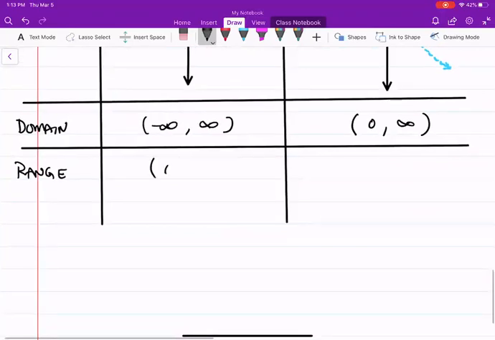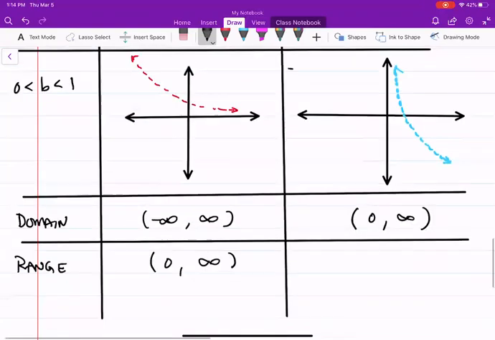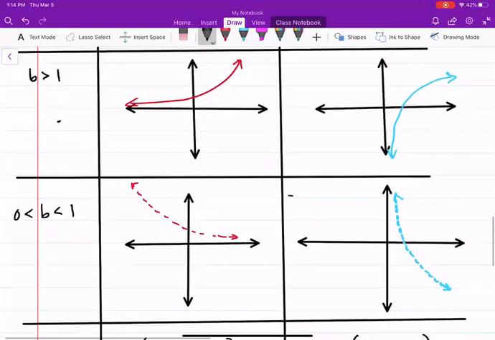So it'd be parentheses 0, comma, correct. And how about for the log function? Look at the arrows. Remember when I talked about range before? I said, look at the arrows, right? And then we're going to squish it so it only shows the y value. So the walls have to come in. If the wall comes in, what does this look like?